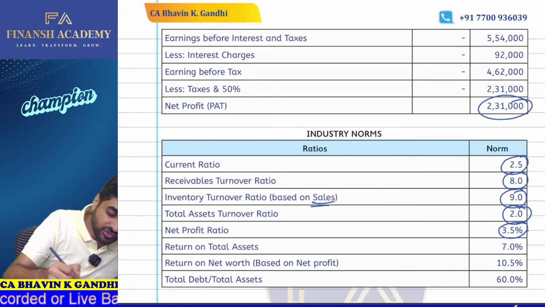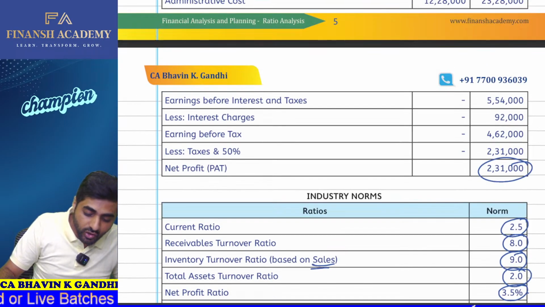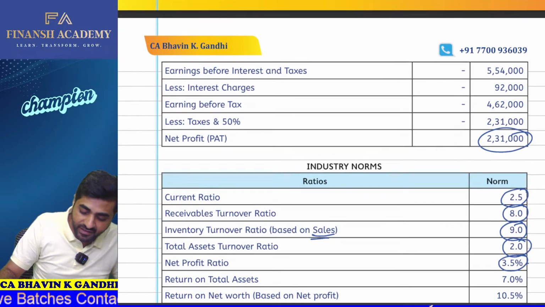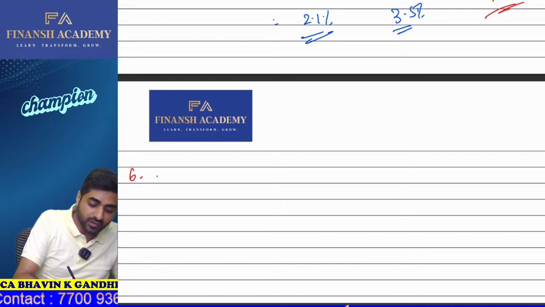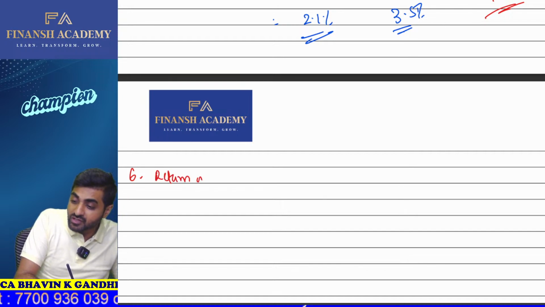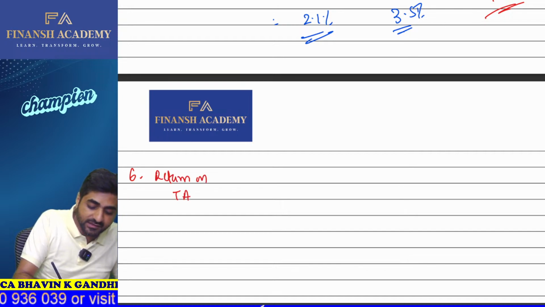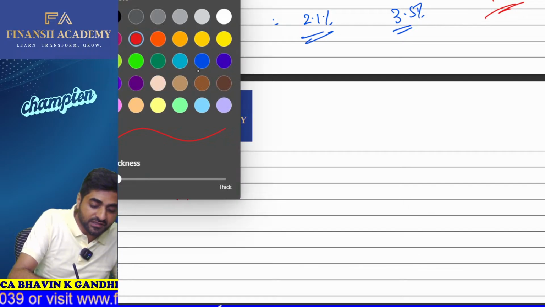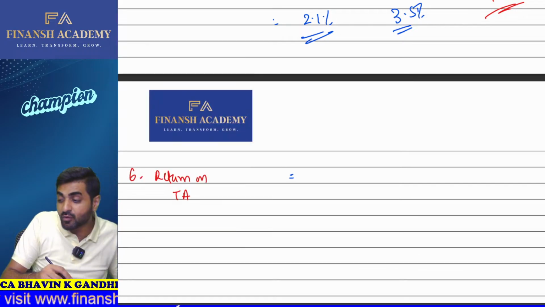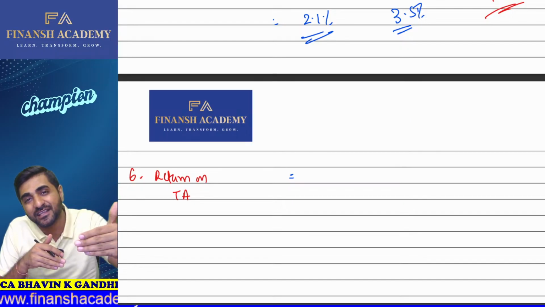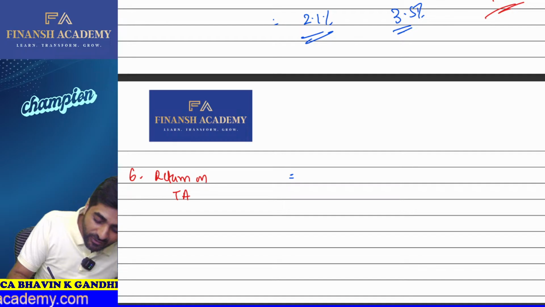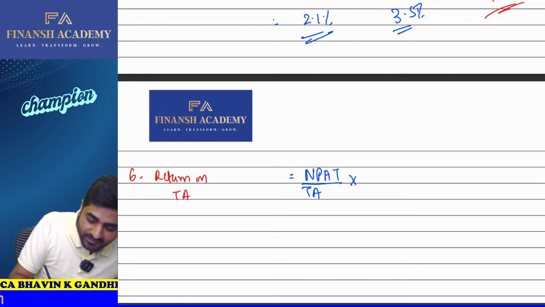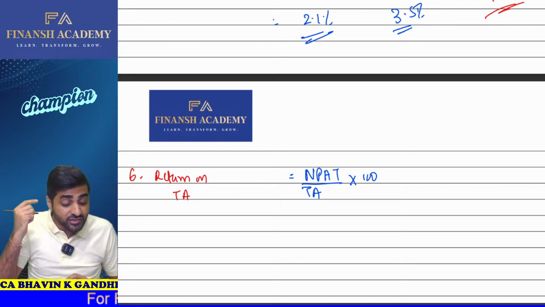Let's talk about the next ratio. Your next ratio which we have is your return on total assets. So what's going to be your return on total assets? The formula for this is very simple. Whenever you want to calculate returns, we take profits in the numerator and assets in the denominator. So we are going to take NPAT in the numerator and divide that by total assets. So what is your NPAT?